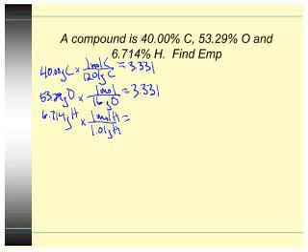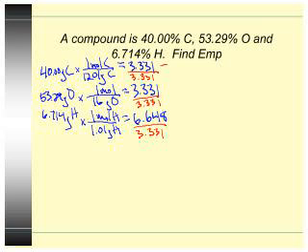And 6.714 divided by 1.01 will be 6.648. Okay, and then remember the next step is to divide by the smallest, because we want to make these things be whole numbers. If I divide by the smallest, everything is going to be at least 1.